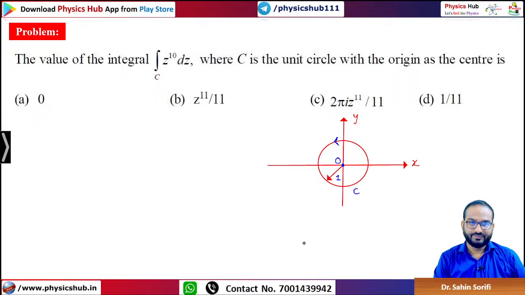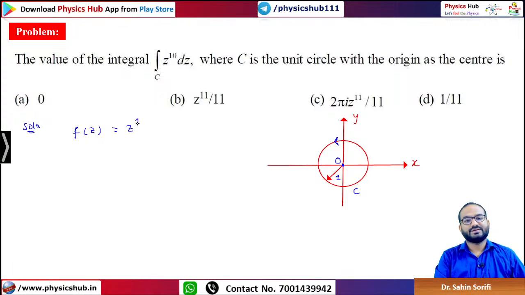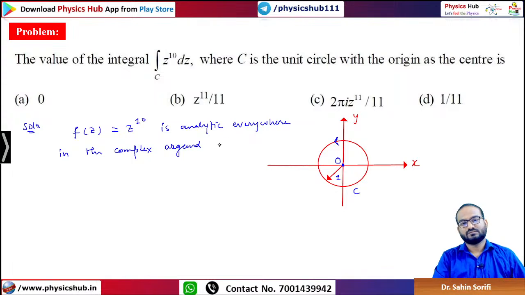Deep, you are getting A. Why A? What is the reason? Tell me the reason. Ajay, what do you think? Hari, Thamiz, what do you think? Here f of z is equals to z to the power 10. So, it is in the numerator. So, it is analytic everywhere in the complex Argand plane.